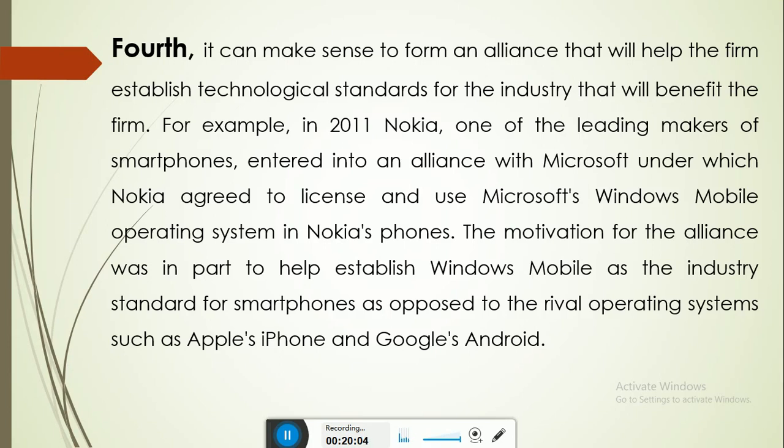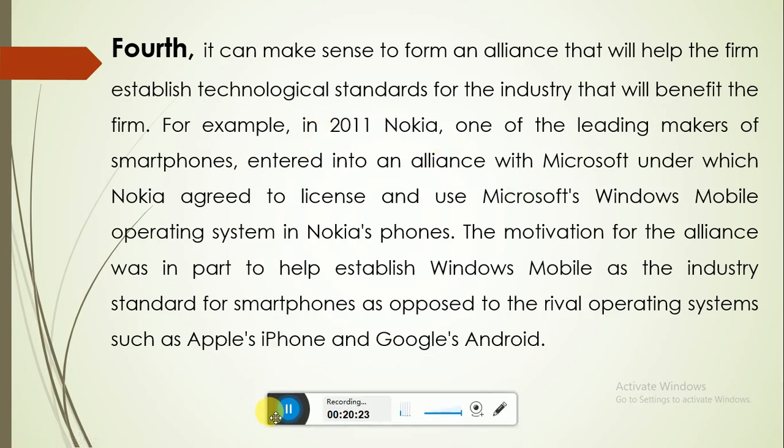The motivation for the alliance was in part to help establish Windows Mobile as the industry standard for smartphones, as opposed to rival operating systems such as Apple iPhone and Google's Android. So you see that these are companies that came together to achieve their goals and objectives. There are certain standards that new technologies are bringing, especially now with Nokia phones.